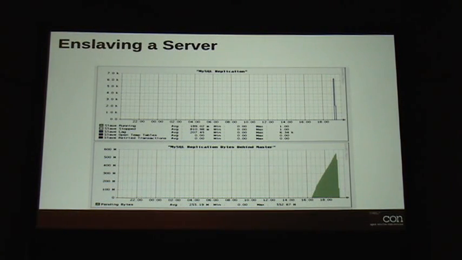So, a little bit of interpretation and justification on why bytes behind master actually make sense, and showing also how beautiful these charts look once you have them in place. When you create a slave, what we usually do is pipe the MySQL dump from the master into the slave with master-data set to 1.